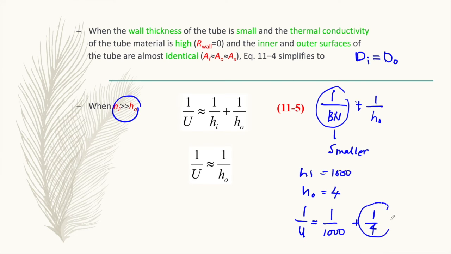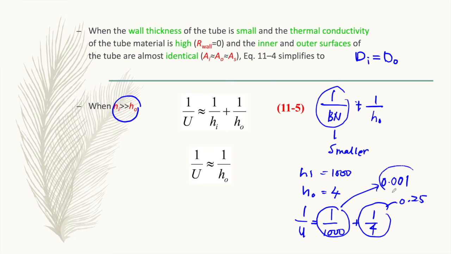This value is much greater than this value, because this value will be 0.001 and it is much smaller than 1 over 4. If you calculate 1 over 4, you will have 0.25.